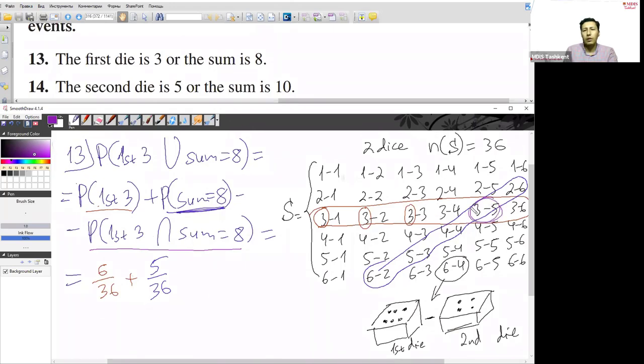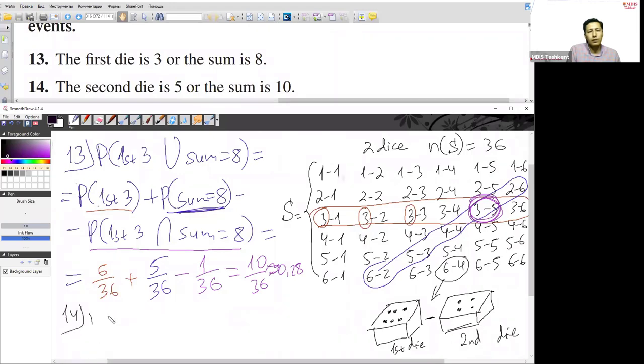So this is it. 3, 5, only one element. First one is 3, and when you add them, you get 8. 3, 5, 1 out of 36. So it is 10 out of 36. Or if you calculate, you get approximately 0.28. Understand?